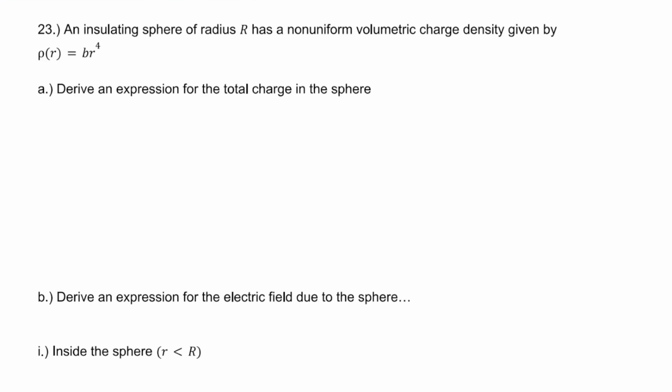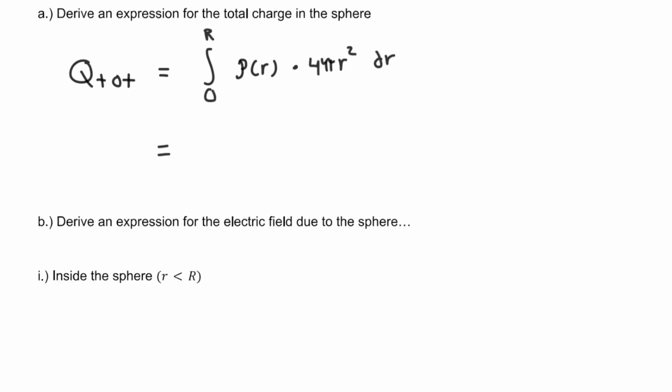So first we just want the total charge in the sphere. So the total charge in the sphere, Q total, would just be integrating rho of r times 4 pi r squared dr all the way out to the sphere's radius. Our expression for rho of r was just given to be br to the 4th.